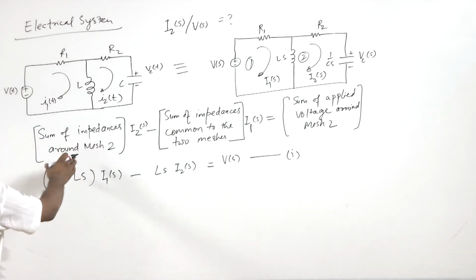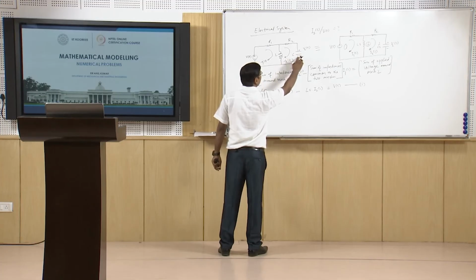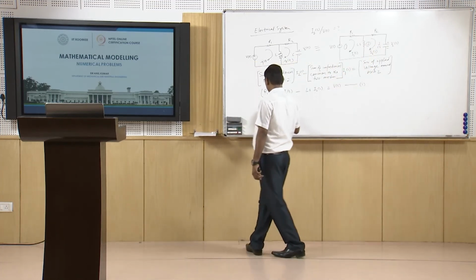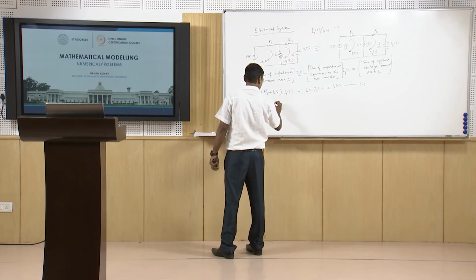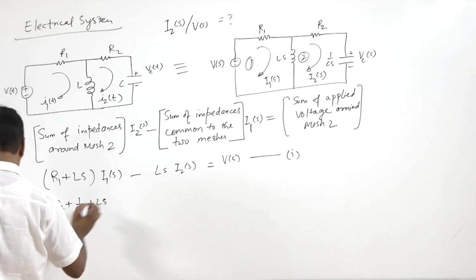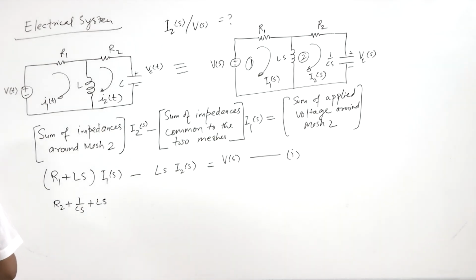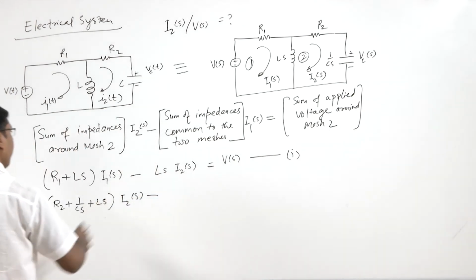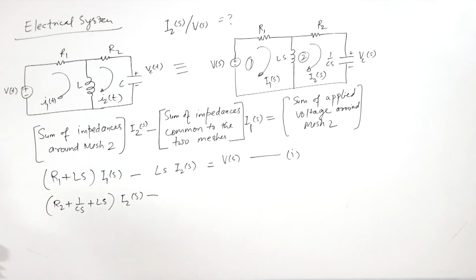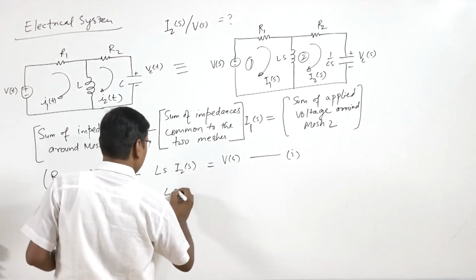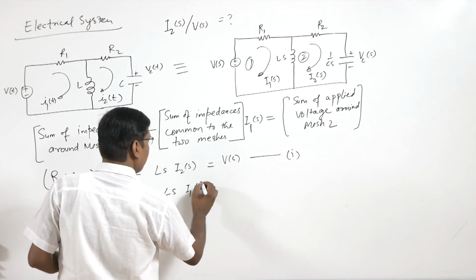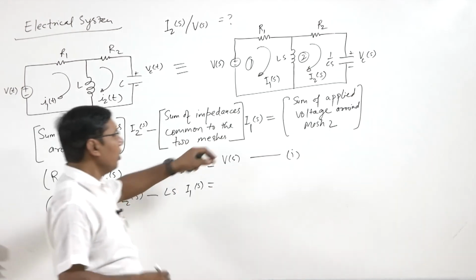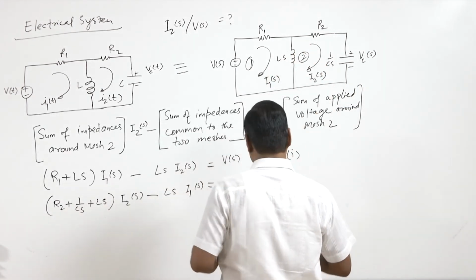The sum of impedances around mesh 2 is R2 plus 1 by Cs plus Ls, into I2(s), minus Ls into I1(s), and about mesh 2 there is no applied voltage, so it is 0.